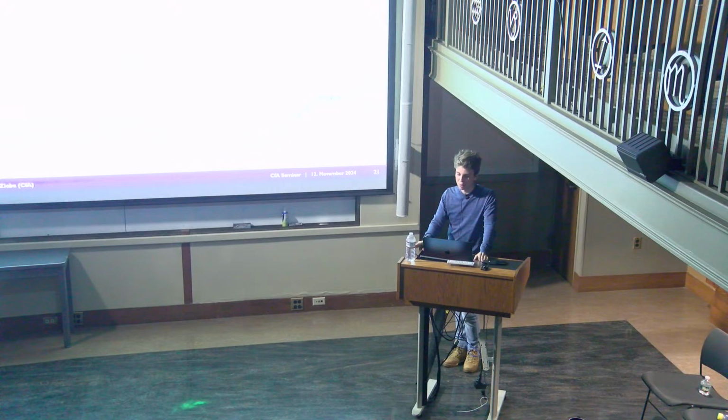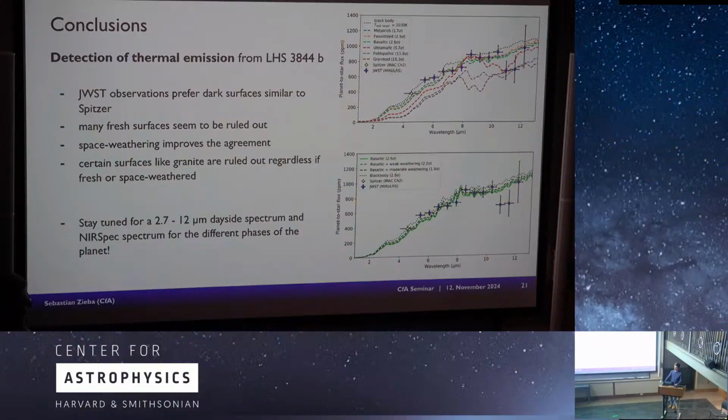I'm still not completely sure. The thing which is a little bit weird is that this is driven by one of the visits. It's not that strongly seen in the other visits. So it might be an instrumental effect and not actually something coming from the surface. But I'm not completely sure yet.